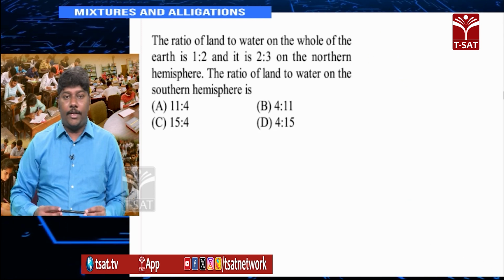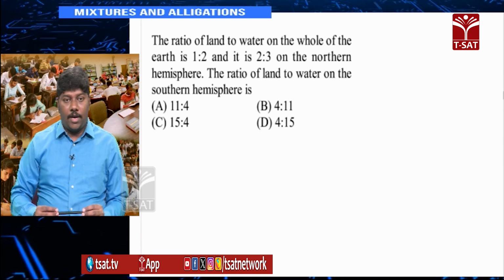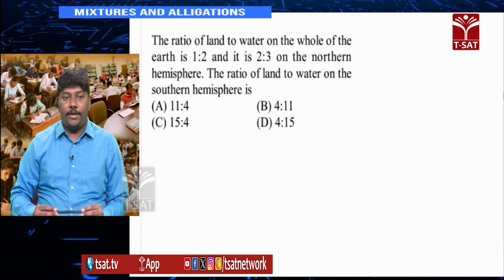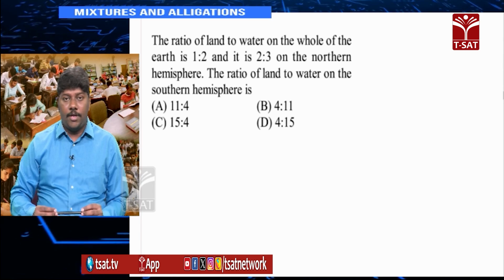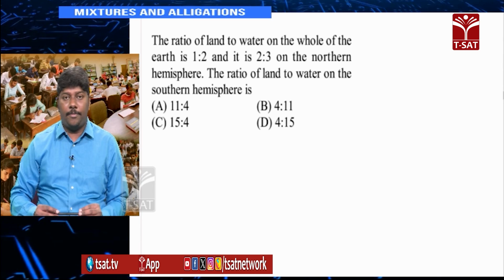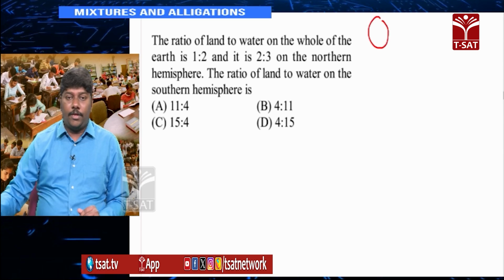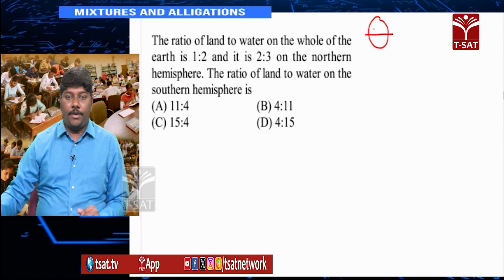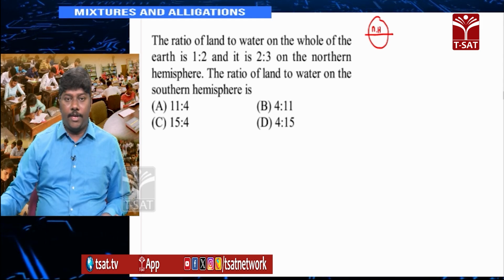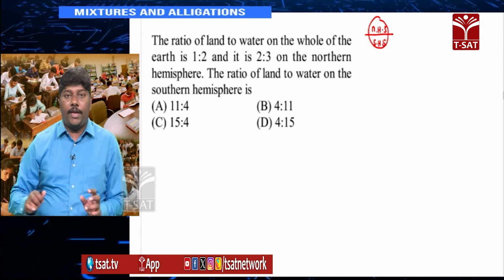The ratio of land and water on the whole earth is 1:2, and it is 2:3 on the northern hemisphere, and the ratio of land and water on the southern hemisphere. So here, instead of telling mixture, he is giving you the whole earth, northern hemisphere and southern hemisphere. If you look at the whole earth, area wise, northern hemisphere and southern hemisphere occupy equal areas.